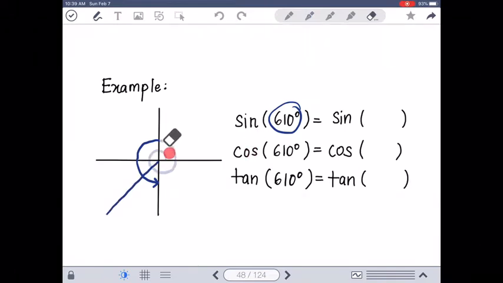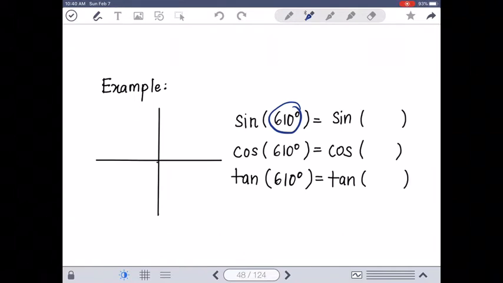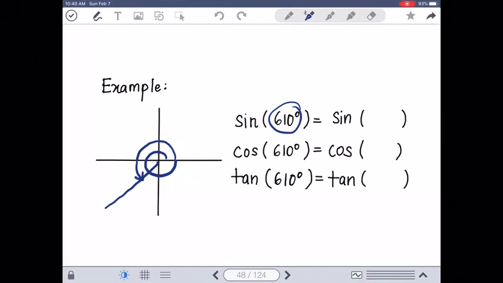Alright, let me repeat again. When we talk about 610 degrees, this is 610 degrees. How does it go? 360, 450, 540, 610.